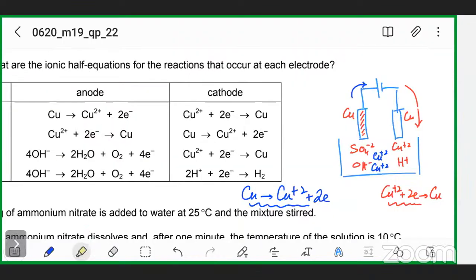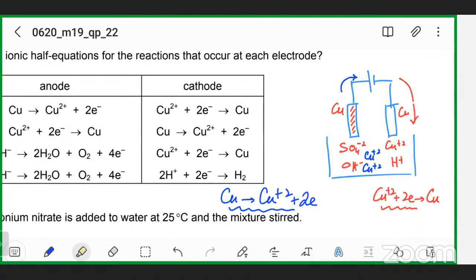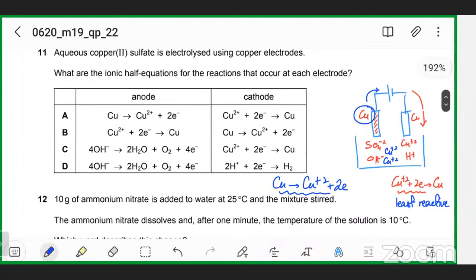अच्छा ये वाला पार्ट क्लियर है. ये जो भी हमने किया है कि remember this, जब ये मेटल का बना होता है, the electrode is made out of a metal, ठीक है. तो when it's made out of a metal, तो always remember कि कैथोड पे तो वही होता है, the least reactive, right? That's the one that actually gains electrons reactivity series में. लेकिन इधर ये होता है कि it's always the metal that ends up losing electrons. बैटरी जब इलेक्ट्रॉन्स वापस मांगती है तो the metal is the one that ends up losing electrons.